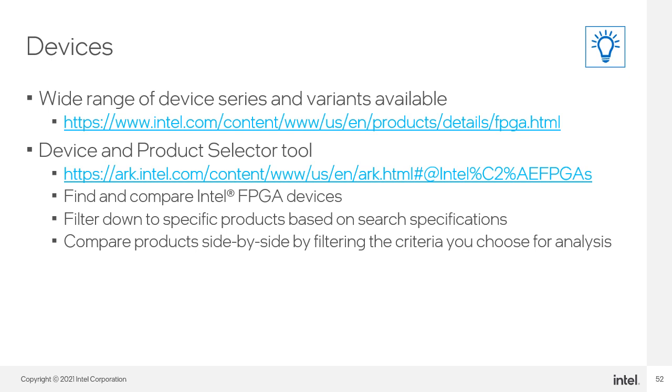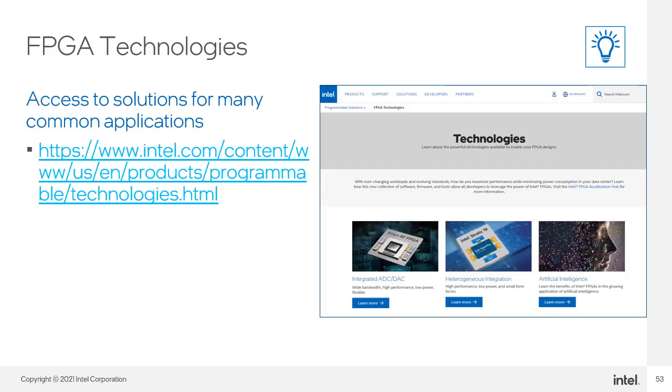Along with the Device Selector are the IP and Development Kit selectors. Use these tools to search for IP and development kits available from Intel FPGA and our partners. These tools make it easy to narrow down and compare devices and products to help you select exactly what you need for your design. The Technology Center provides you with quick access to solutions for many of the latest technology applications and challenges.